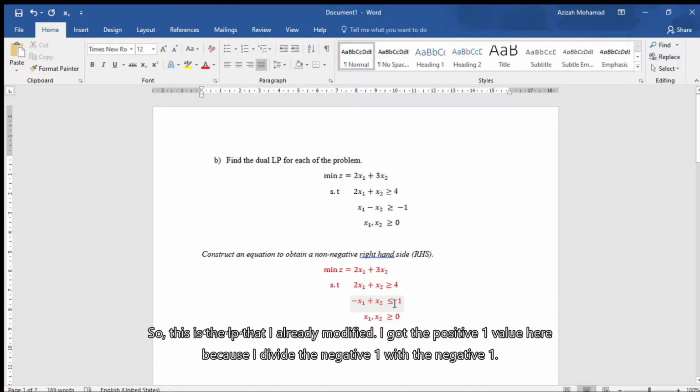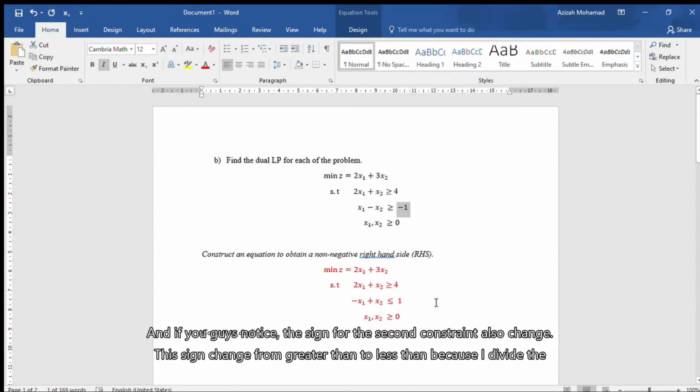I got the positive 1 value here because I divided the negative 1 by the negative 1. And if you notice, the sign for the second constraint is also changed, from greater than or equal to less than or equal to.